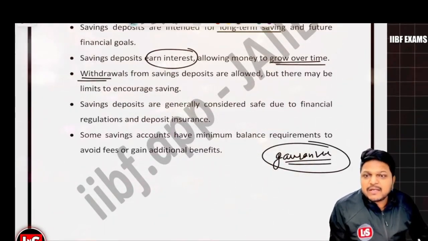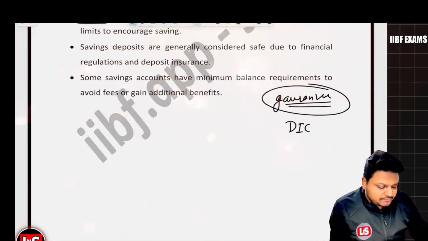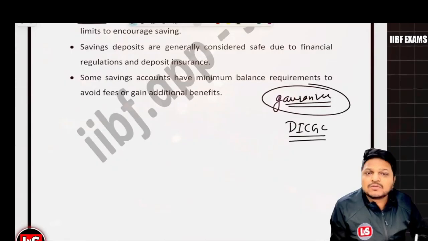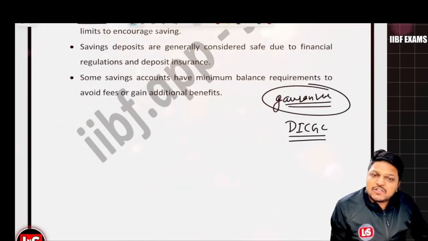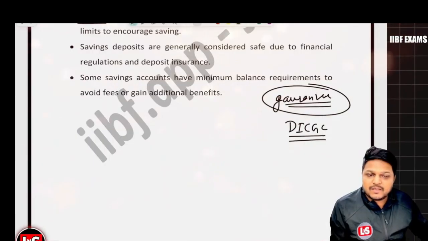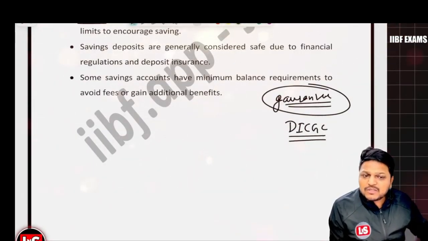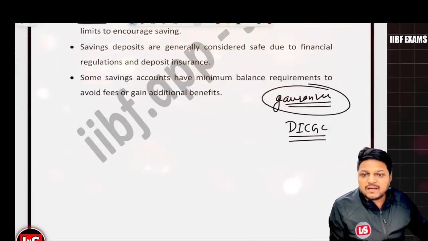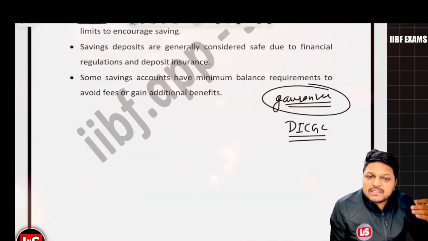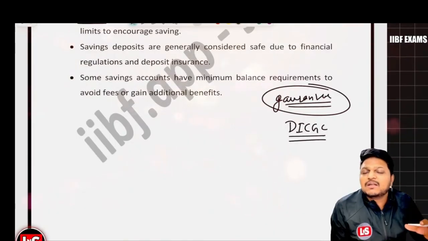Why? Because deposit insurance is available by the DICGC. What is DICGC now? This is the Deposit Insurance and Credit Guarantee Corporation. That's basically an organization which ensures the deposit.